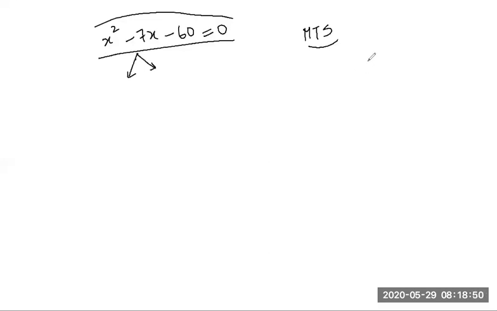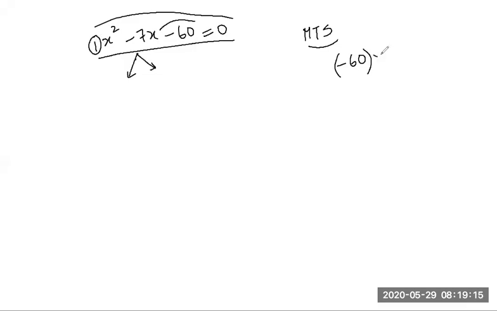Sir, first we have to multiply 60 into x square. No, there's a little wrong in what you are saying. We have to multiply the constant term not with x square, but with the coefficient of x square. In this case, the coefficient is 1.